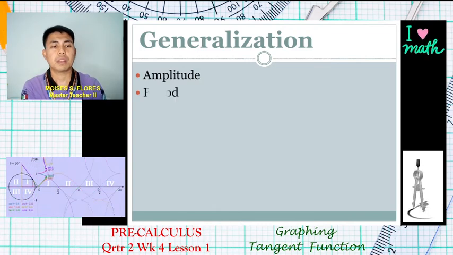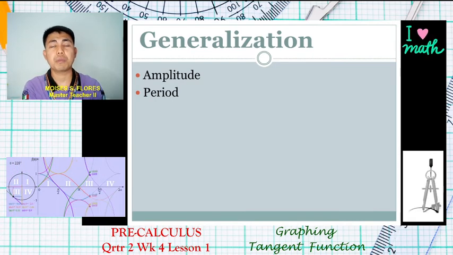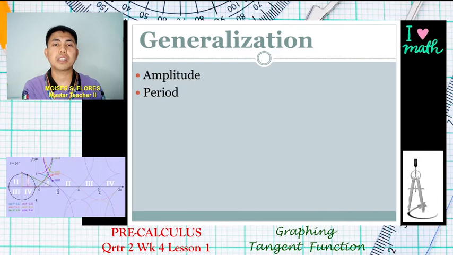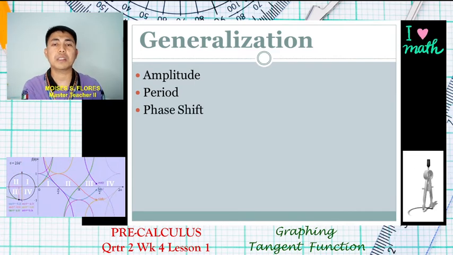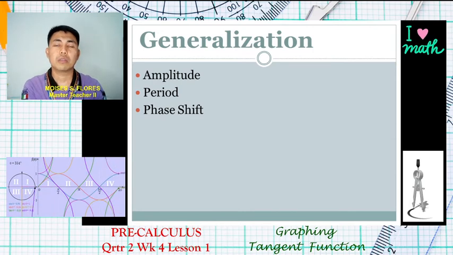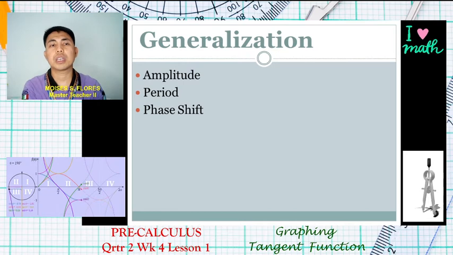And then for the period, pi over b, if we compare with the sine and cosine, this time divided into two equal parts. And of course the phase shift, either horizontally to the left or horizontally to the right, and applying your vertical shift, either upward or downward.